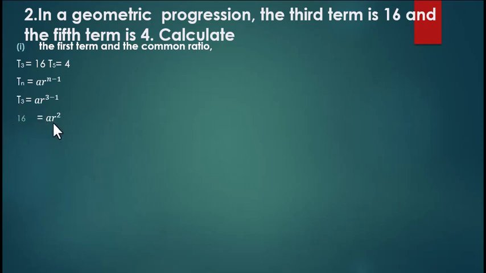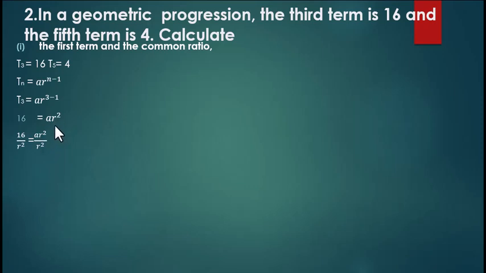When we work this out, we get a r to the power 5 minus 1. Then from there we need to solve for a.